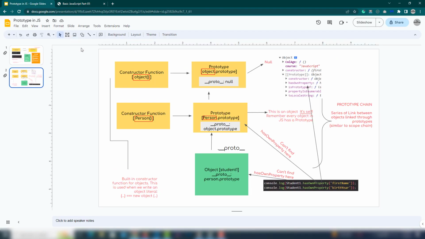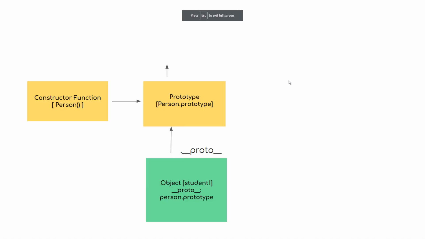So let's look at the chain. What chain? The prototype chain. We're going to work on that after completing this video, inside our VS Code editor, but before working on it practically, we need to know what the prototype chain is. So this is our normal function, normal object.